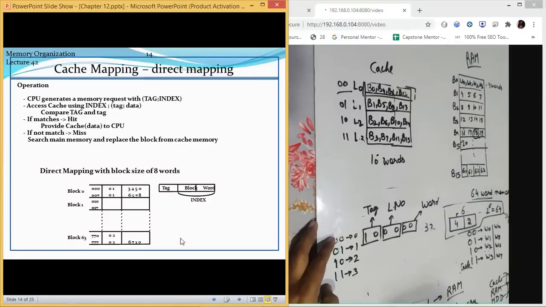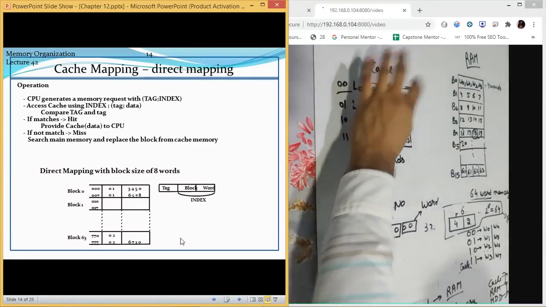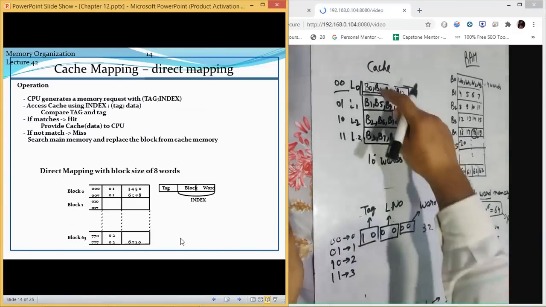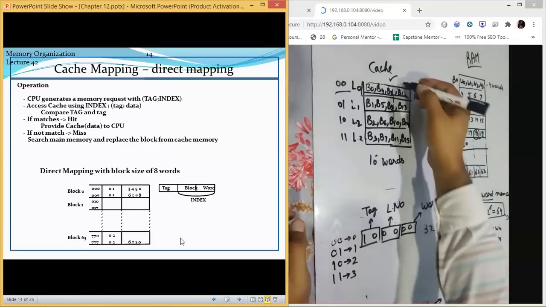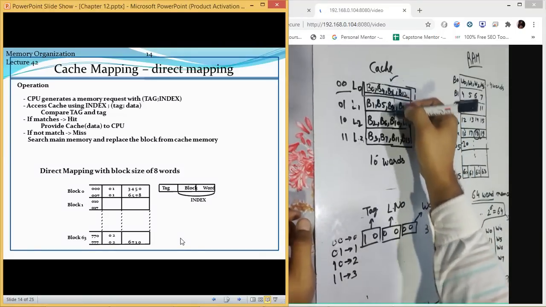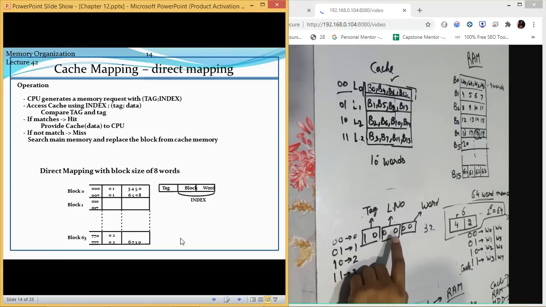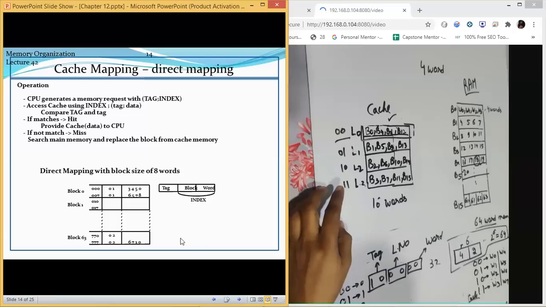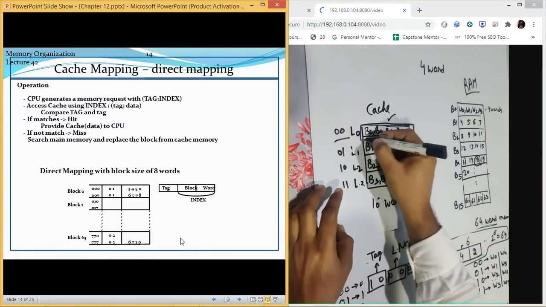So if it is 10, it should be at index 2, like 0, 1, and 2. It should be present somewhere at this place in the third row, sorry, third column. And what is the line number? Line number is 0. So if it is present, it should be present at this place.